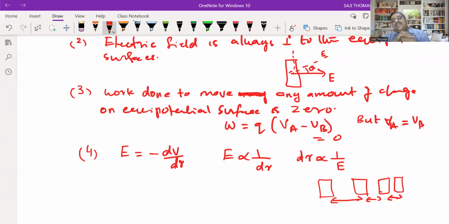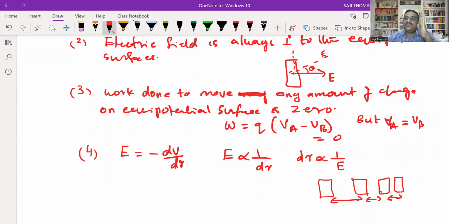Now, next we learned properties of equipotential surfaces. First property, two equipotential surfaces never intersect. Why they never intersect? If they intersect at one point, there will be two directions for electric field at that point, which is not possible. Second, electric field is always perpendicular to the equipotential surface. Why is it so?